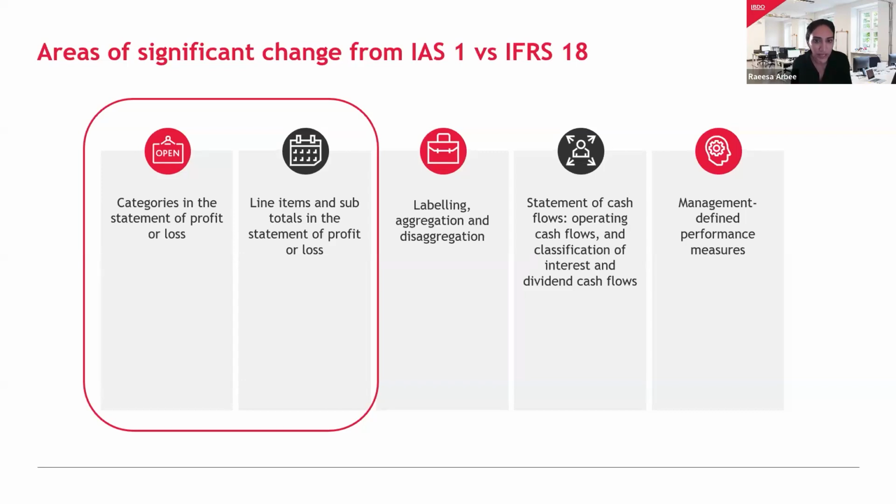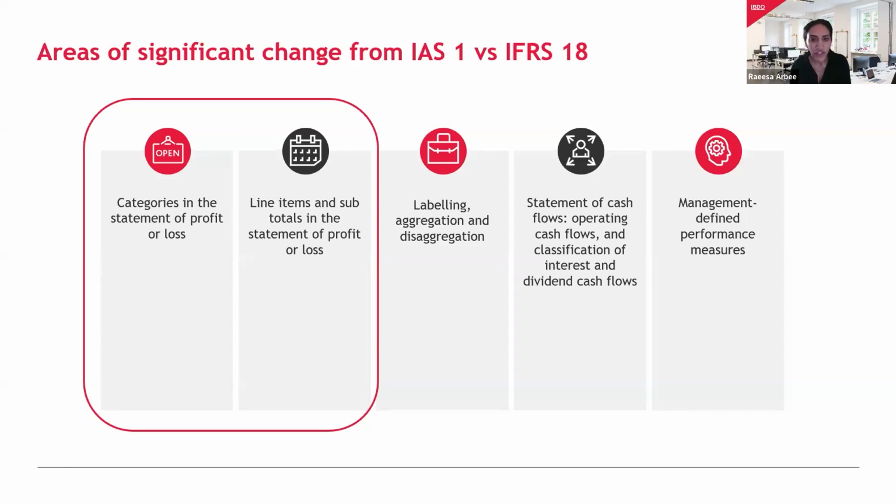So when investors look at your P&L versus when they look at your cash flow statement, they're looking for different types of information, and hence there isn't this explicit alignment. But saying that, the IASB is going to be looking at the cash flow statement standard, so IAS 7, and may make some changes. So we may see some changes to that alignment going forward.